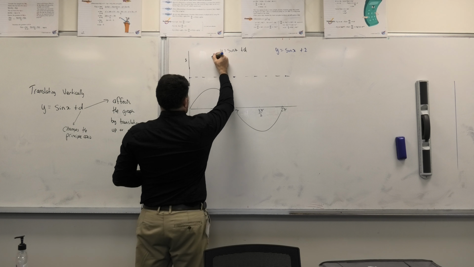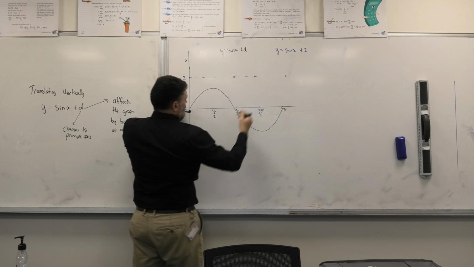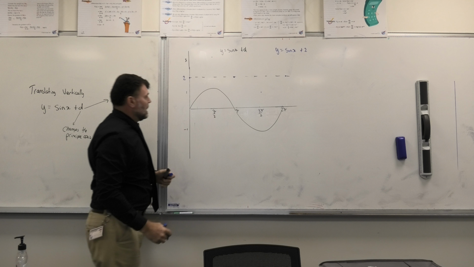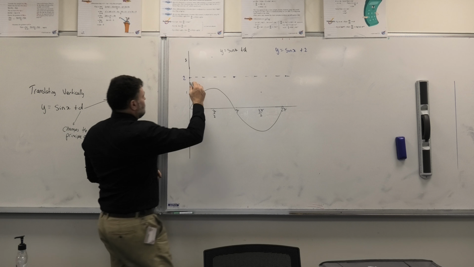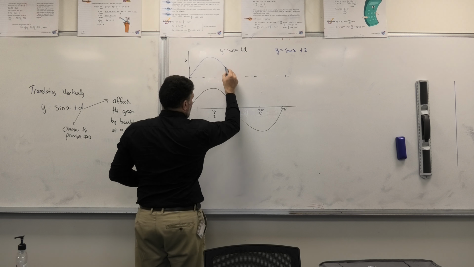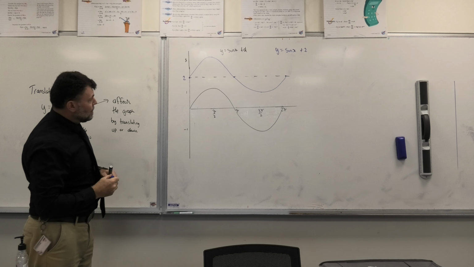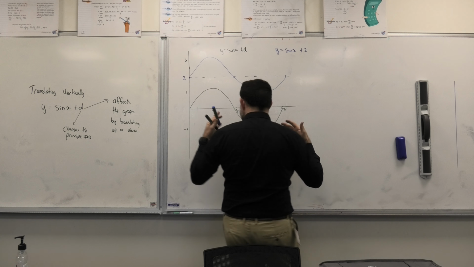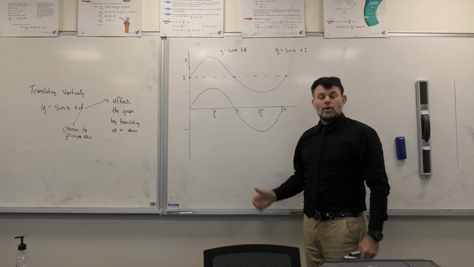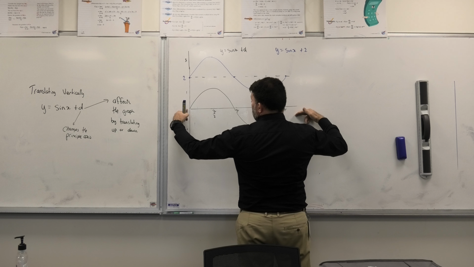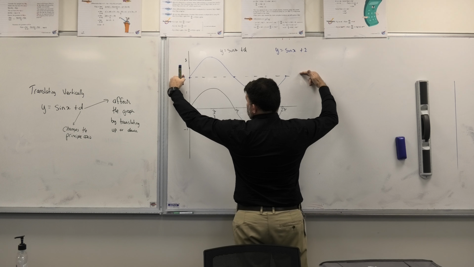I'm going to have a turning point at 3, a maximum at 3 and a minimum at 1. So I'm now just drawing my graph points. And the graph looks exactly the same. All that's happened is I've just translated this graph into a different position.